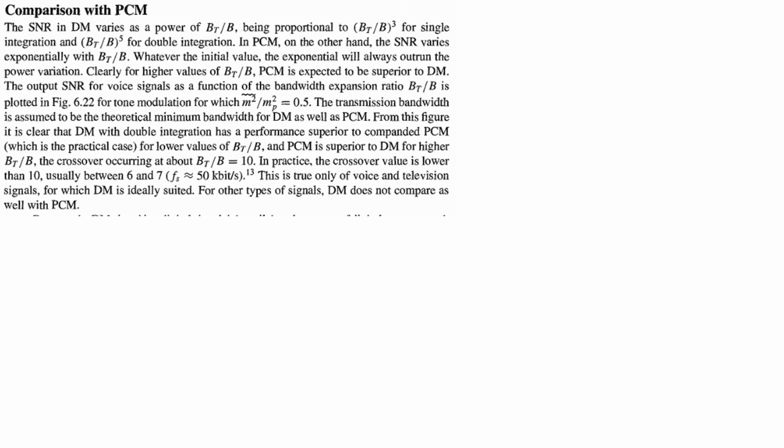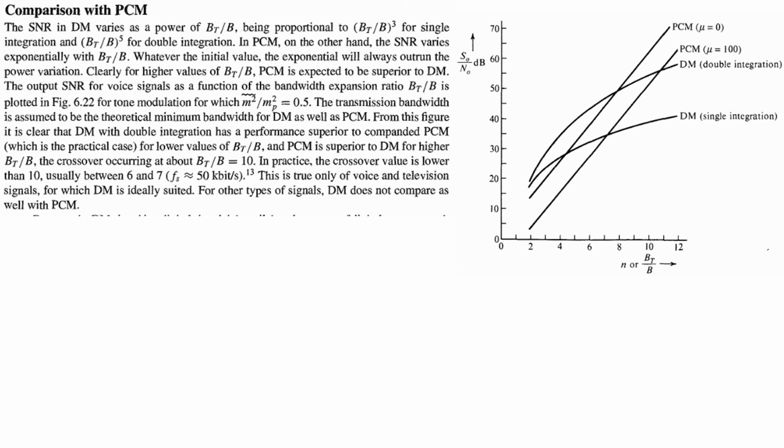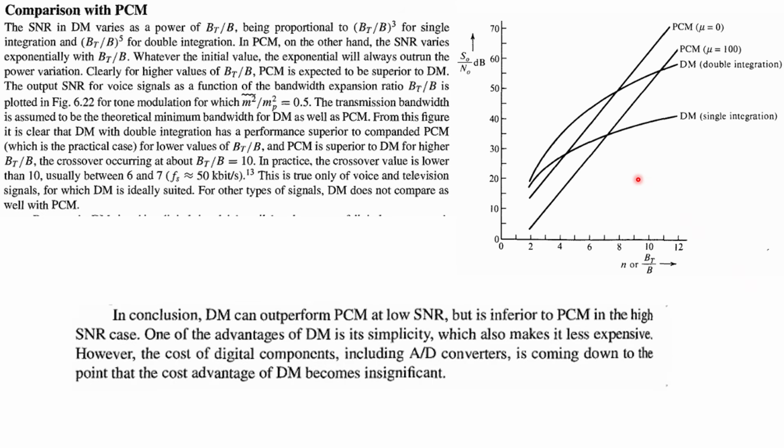Now, in comparison with PCM, the SNR in DM varies as a power of BT by B. Here you can see the comparison of PCM with mu equal to 0 and PCM with mu equal to 100, meaning the mu-law based, and delta modulation with double integration and delta modulation with single integration, right?